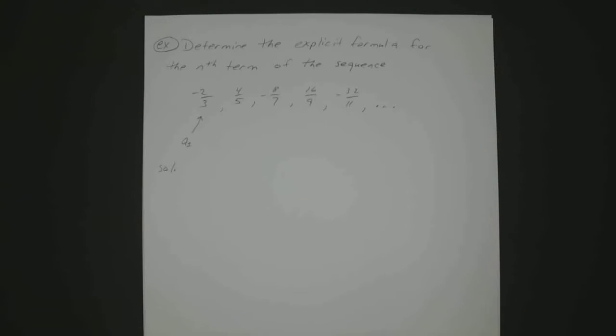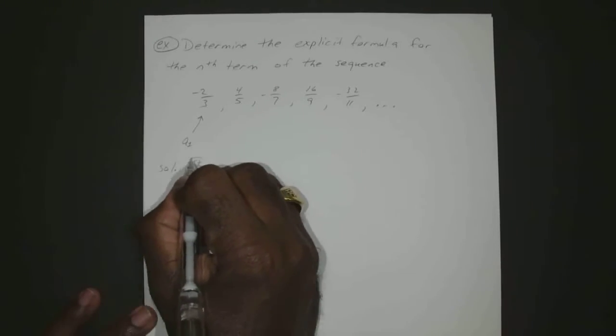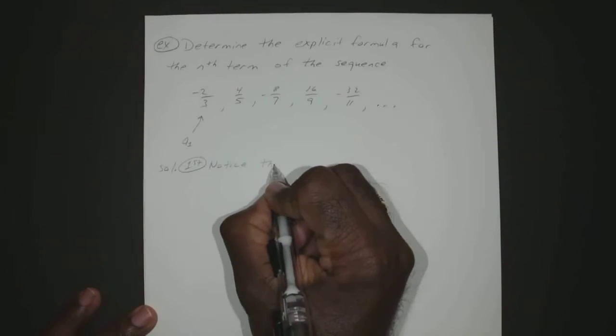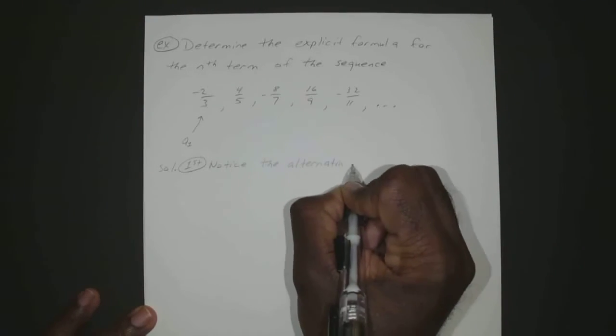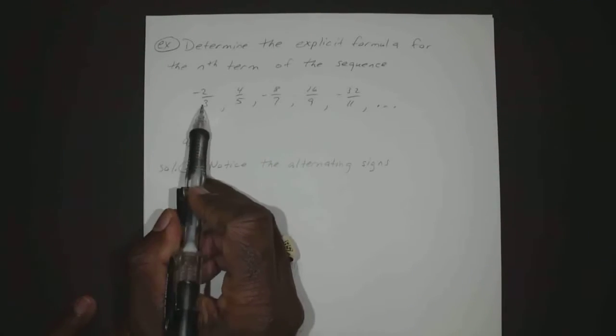Now with these, there are usually 3 steps that I always follow. The first thing you want to do is notice if the signs alternate. So you want to notice the alternating signs, and the first one is negative.